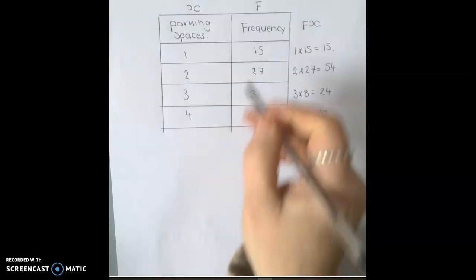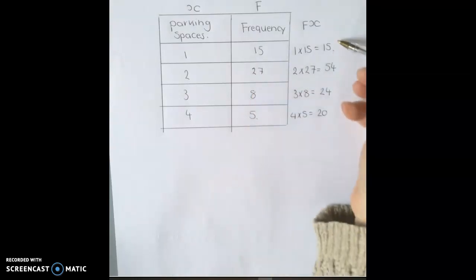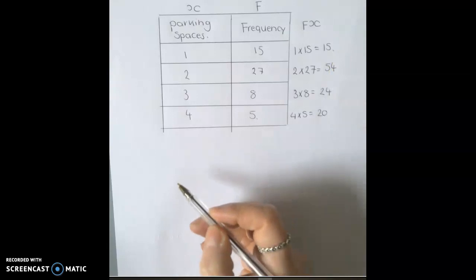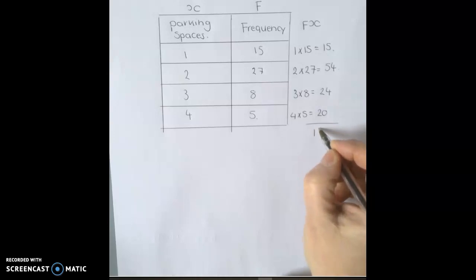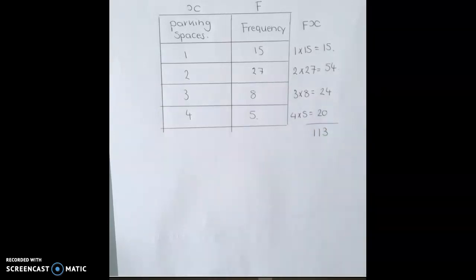Okay, so what we need, if you remember our formula, is adding all the values in the data set. So now we can add these together and we can get a total, which would be 113.